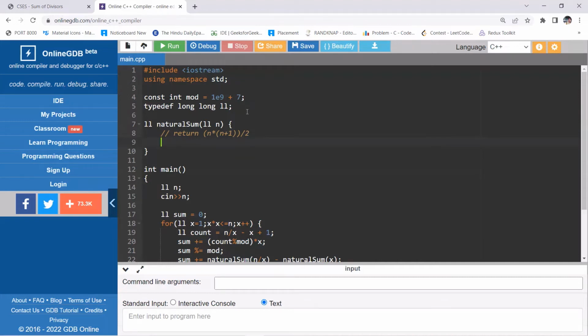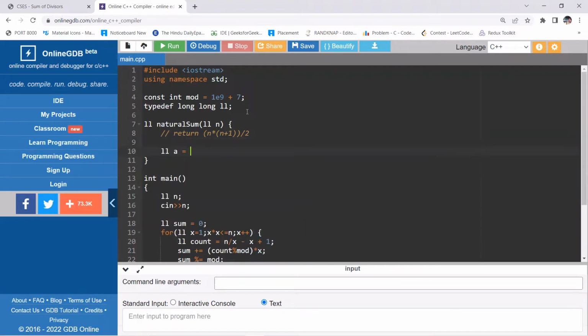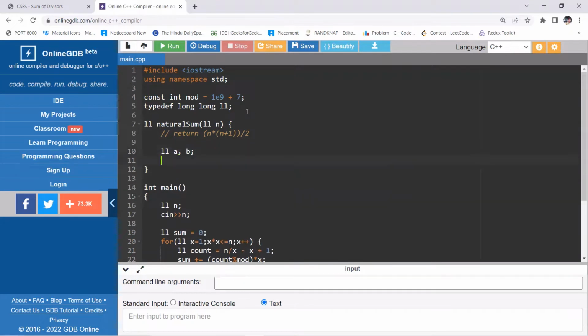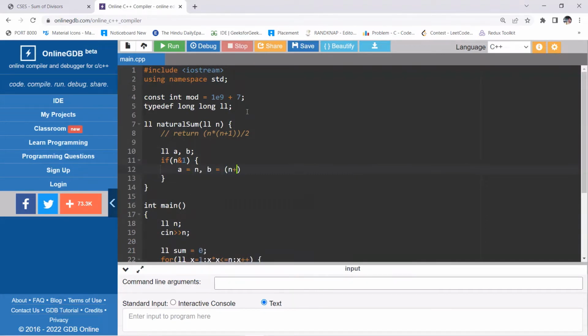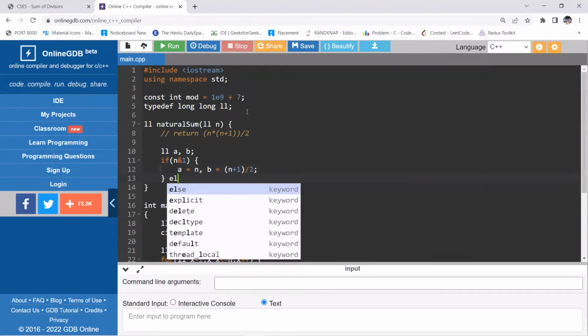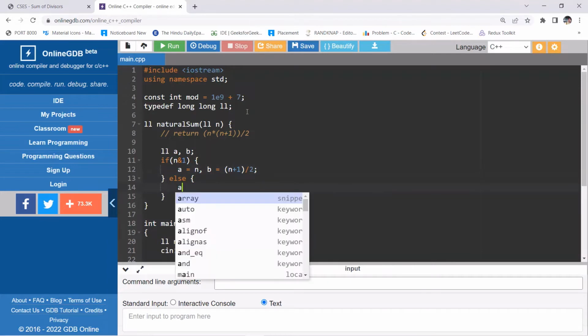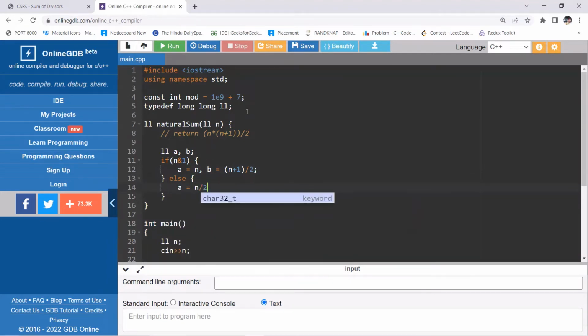So what we are going to do is declare two variables, a and b. If n is odd, then a will be n and b will be n plus 1 by 2, else a will become n by 2 because n is even, so we can just divide it by 2, and b will become n plus 1.